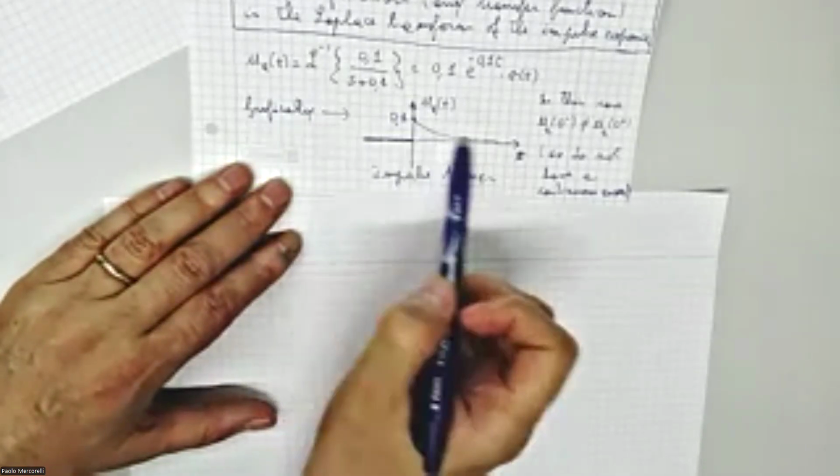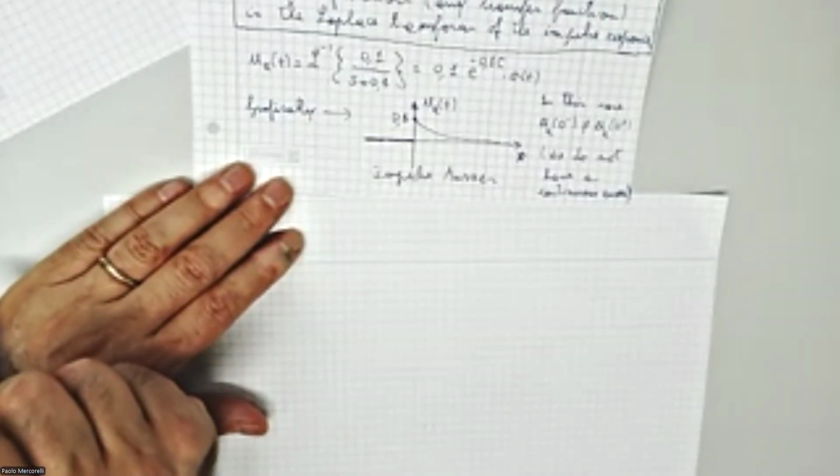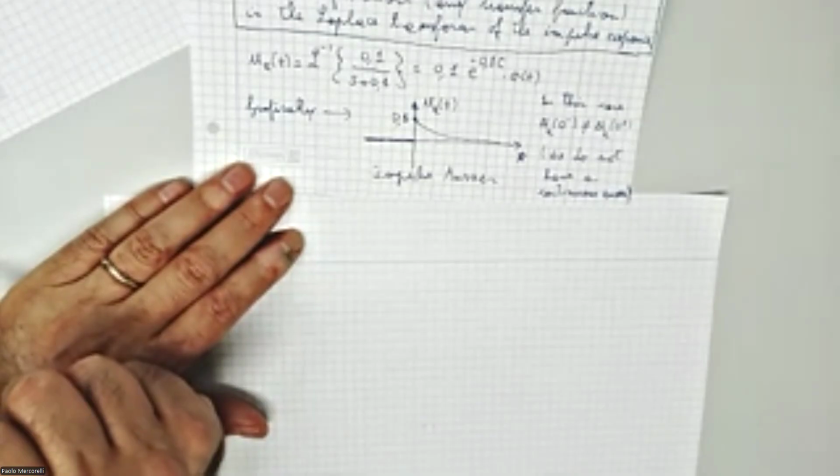I already sketched a little bit what happens for this voltage here in this case. It's quite similar, I would like to say the same as the current in case of the step answer. But why that?